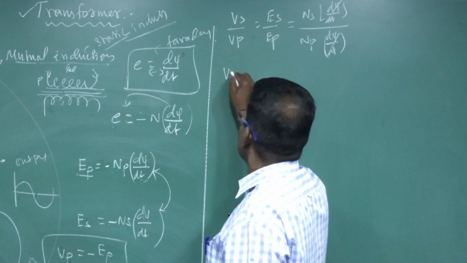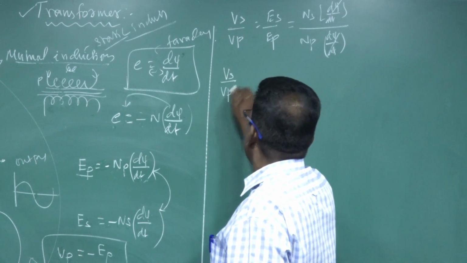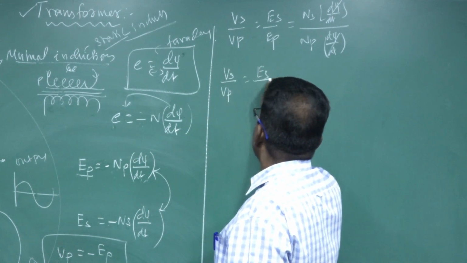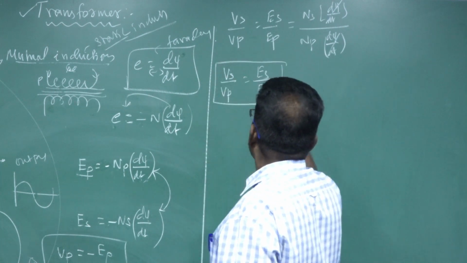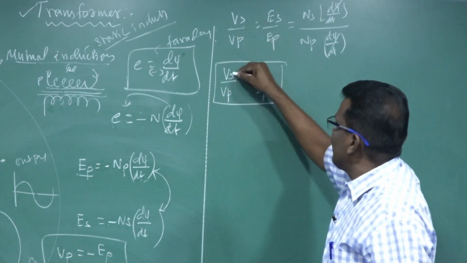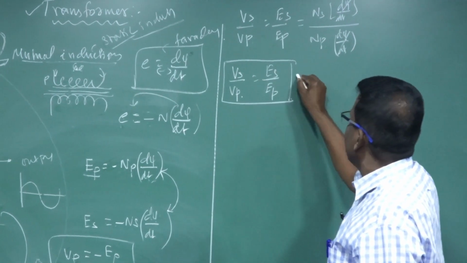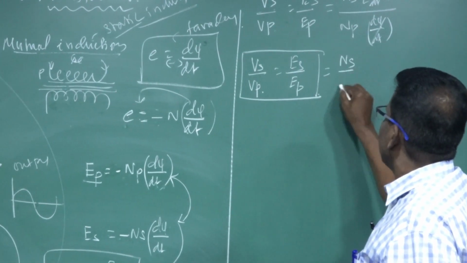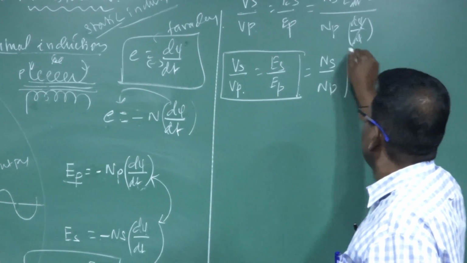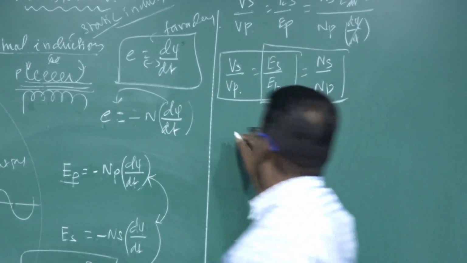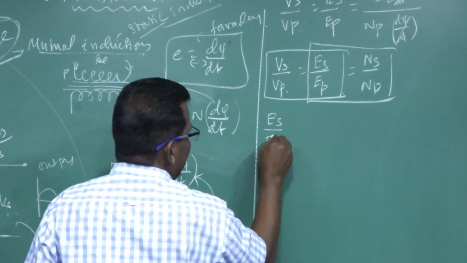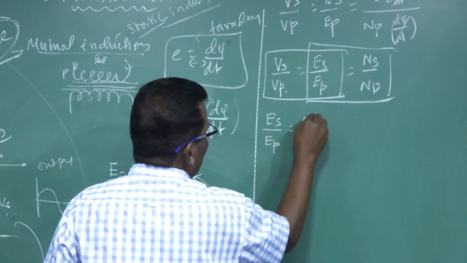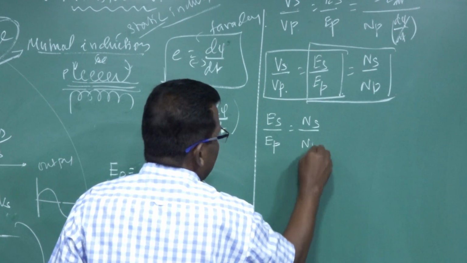So VS by VP is equal to ES by EP, which is equal to NS by NP.